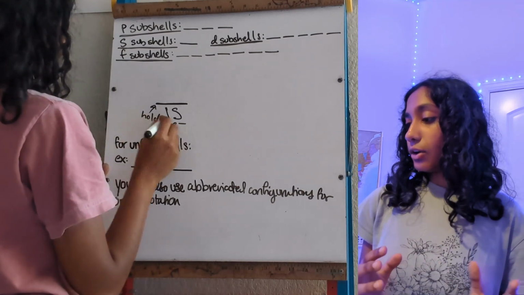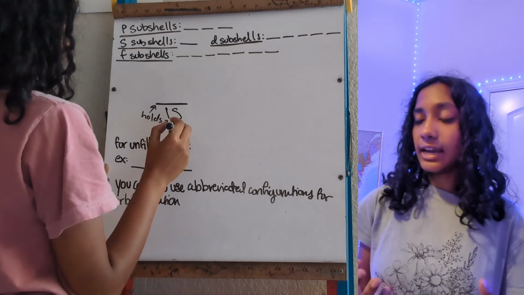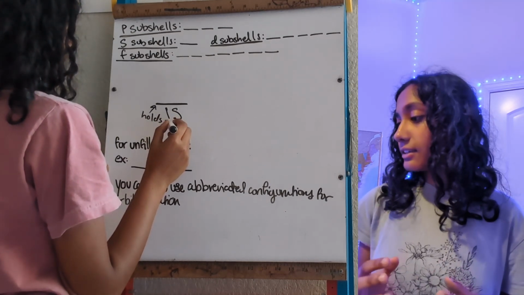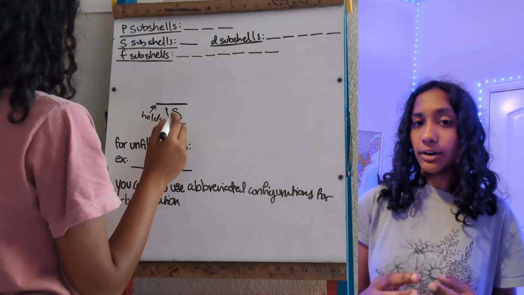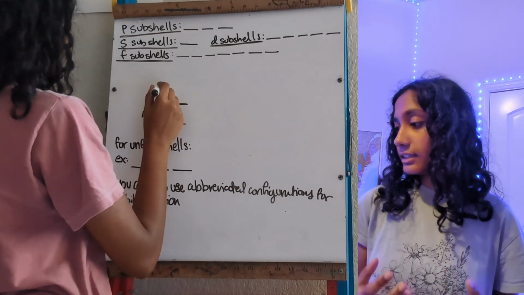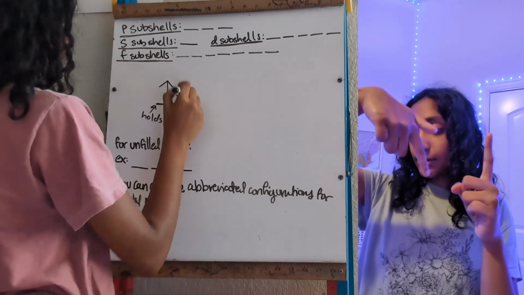So now that you've got all your orbitals and subshells laid out, it's time to draw in the electrons using arrows. For the filled up shells, each orbital will have two arrows, which represent 2 electrons. Draw 1 arrow facing up and 1 arrow facing down.